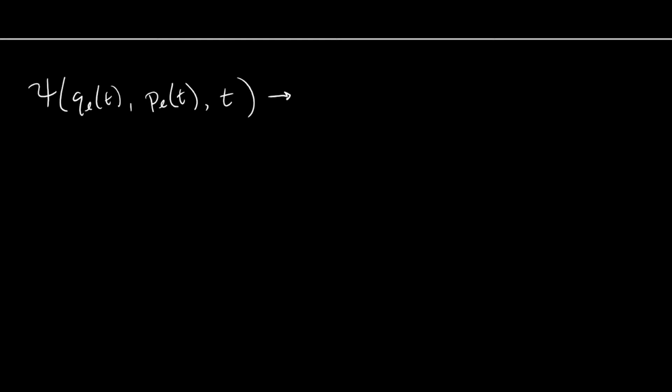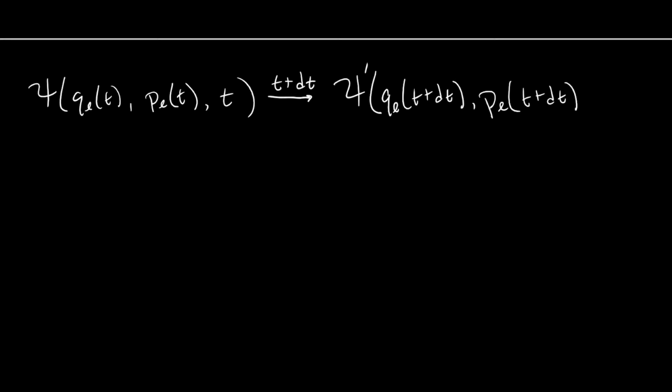So I'm going to do a very similar thing, and I'm just going to take time and shift it to t plus dt. So some infinitesimal shift in time, just to see how this function is changing. And of course, I can write psi prime of q, p, t plus dt, and then t plus dt explicitly.